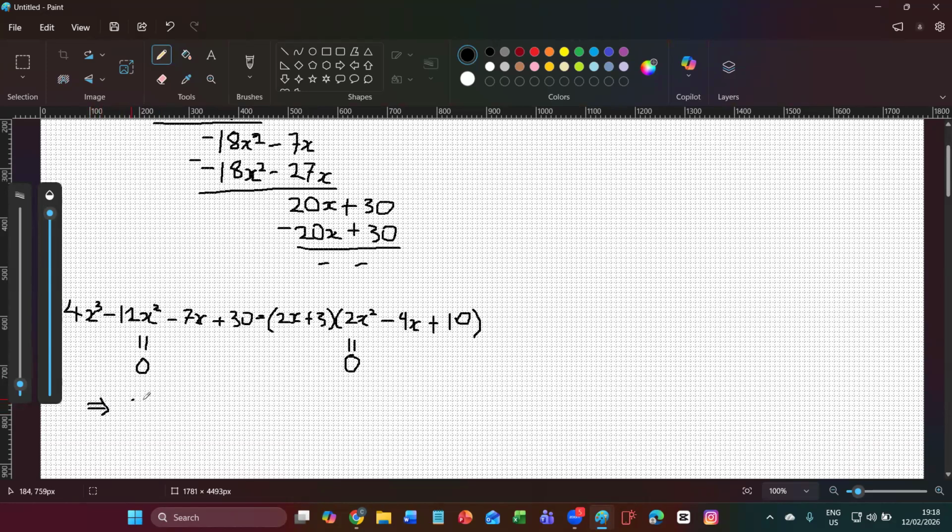So the first thing that we'll now conclude is that the first solution will be 2x plus 3 equals 0. You know how quadratic equations are. When you're solving quadratic equations and you have two brackets and they say the product of those two brackets equals 0, then that means one of the brackets equals 0 or the other one equals 0. So let's start with this one.